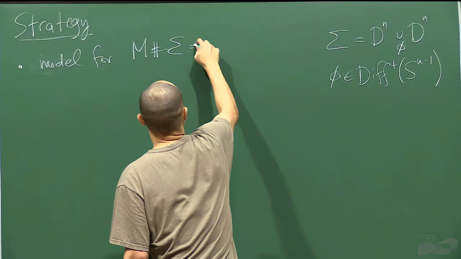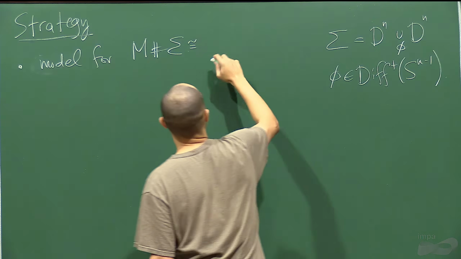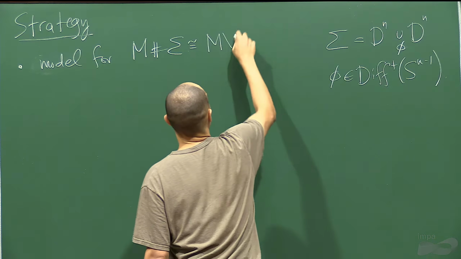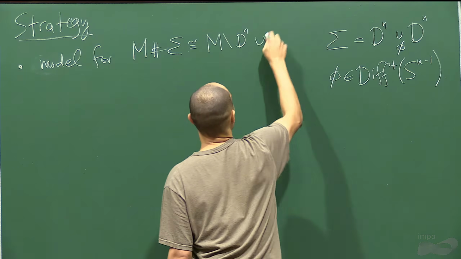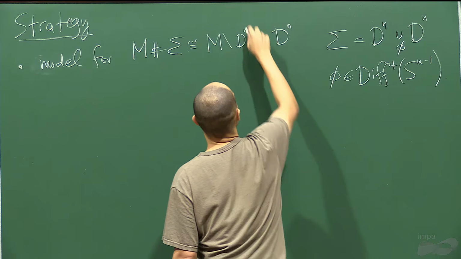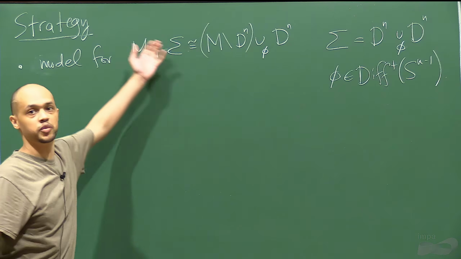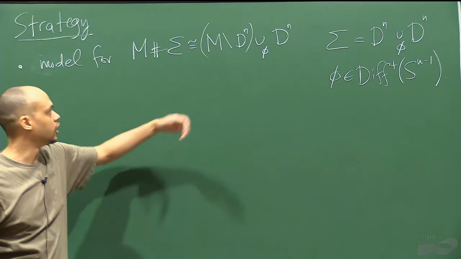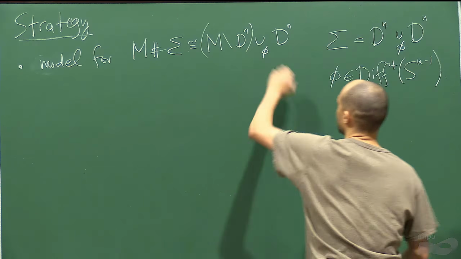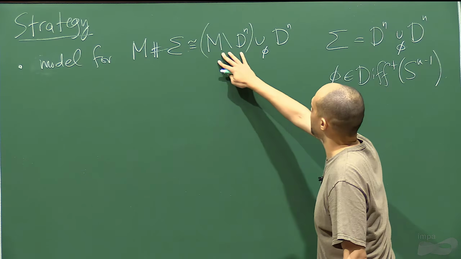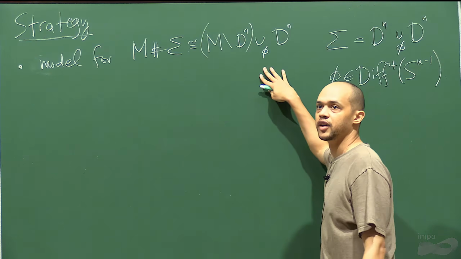And so then we can write M connect sum sigma in the following form. So the connect sum, you just remove a ball from each and then glue. But given this expression, you can think about removing this ball from M and then gluing it back by this diffeomorphism phi.